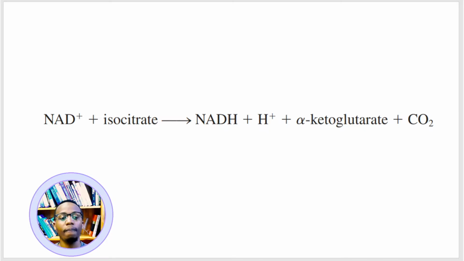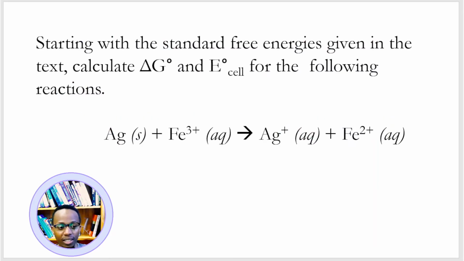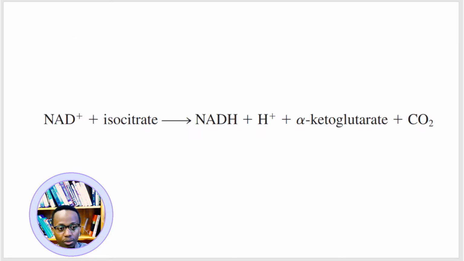And I ask you the same thing I asked above: what is the delta G, what is the delta E, and what is the K eq, the equilibrium constant, for this one? It's the same idea. This is a total overall reaction. All you need to do is divide this into individual reactions.